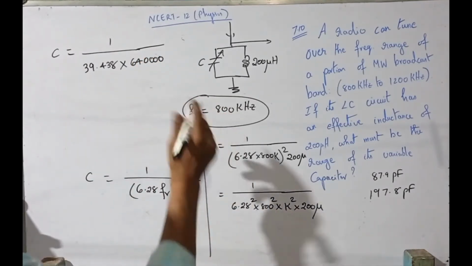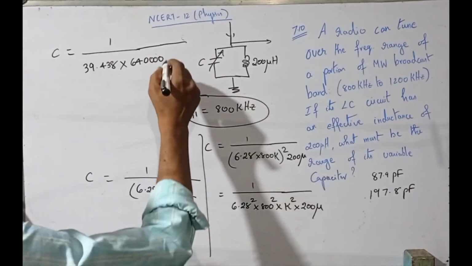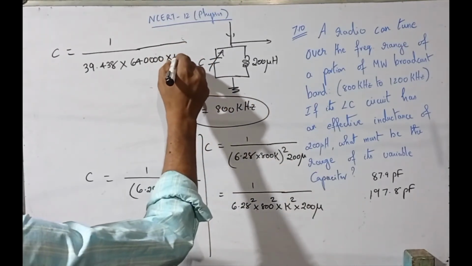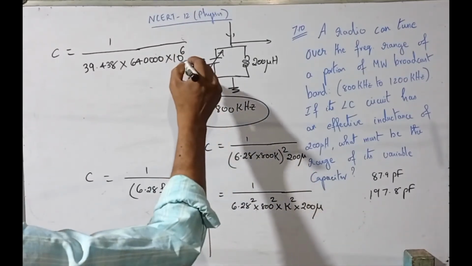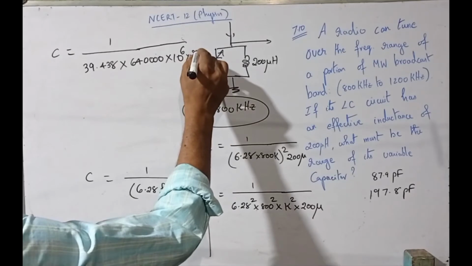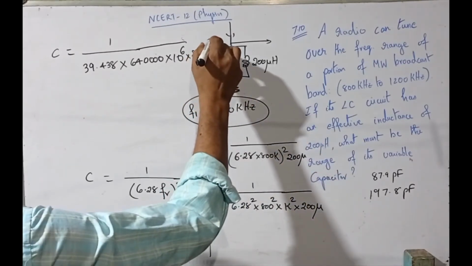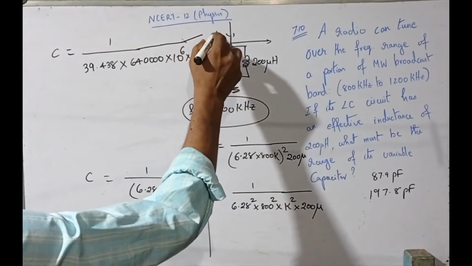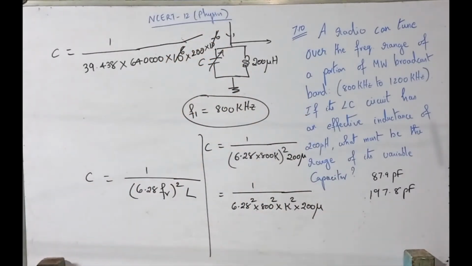Then k square: k is 10 power 3, k into k is 10 power 6, so k square is 10 power 6. Then you have 200 micro into 200 micro. Micro is 10 power minus 6. Now 10 power minus 6 and this 10 power 6 get cancelled.